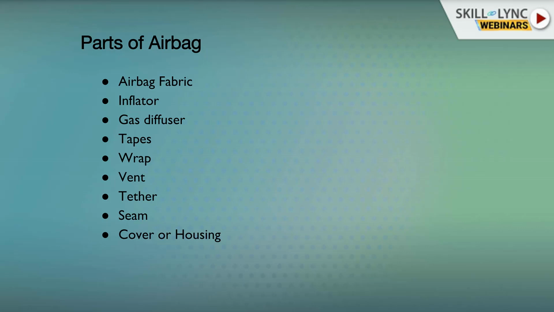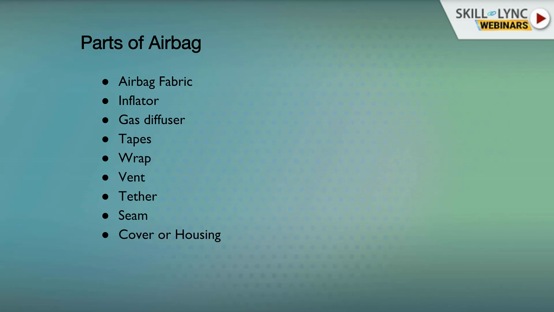And we need to know the types and the parts of an airbag before going into folding or simulation, to be aware of what the environment of an airbag will be during deployment. That is what we have to look into. And you can see the first point is airbag fabric.